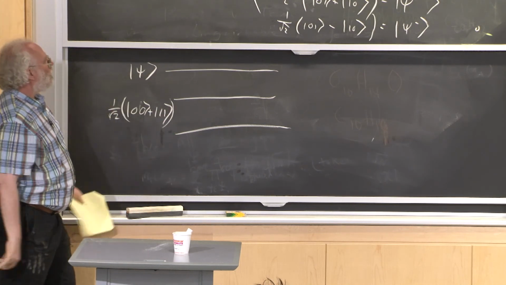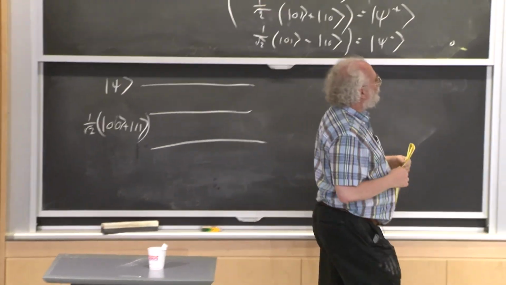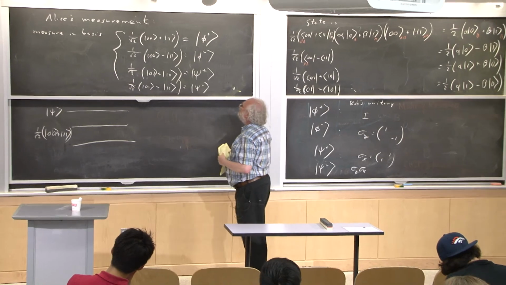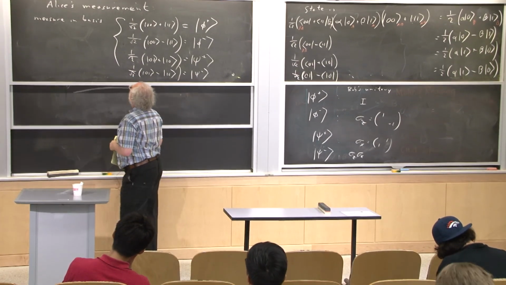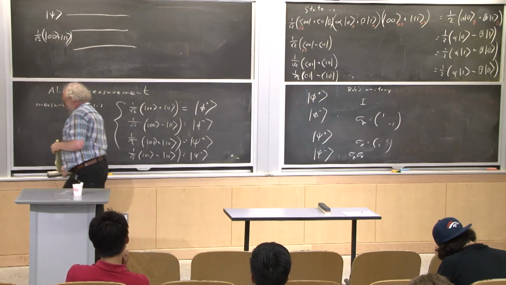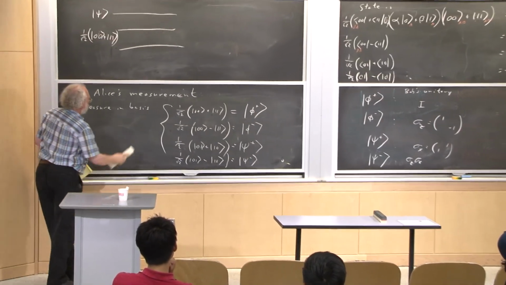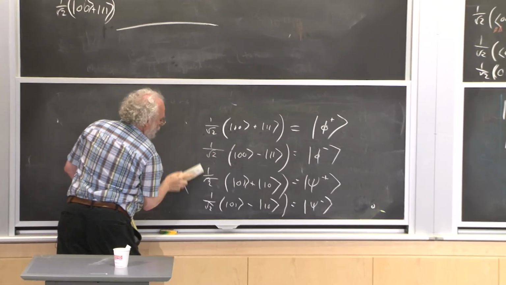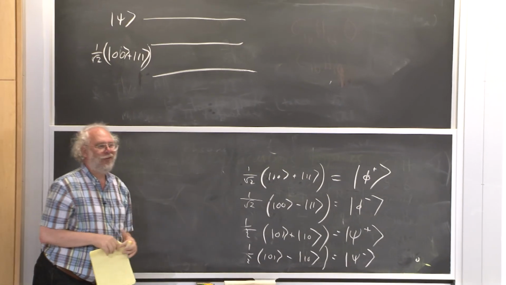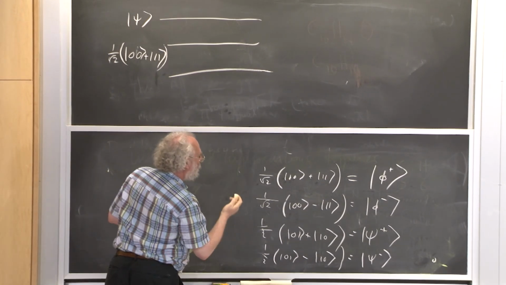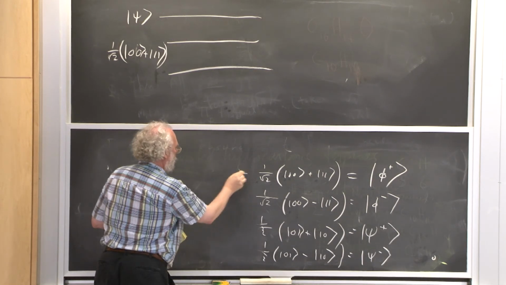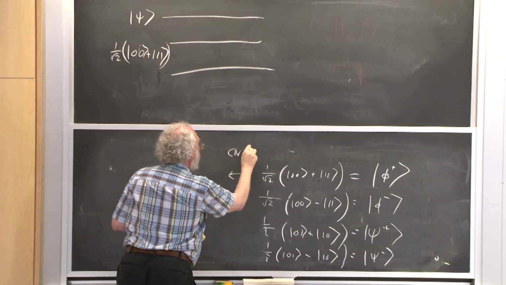Well, what is the first thing we do? First thing we want to do is measure in these bases. So I'm going to go from right to left so I can leave these up here. So we're going to apply a C naught.